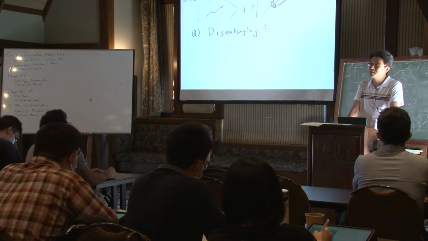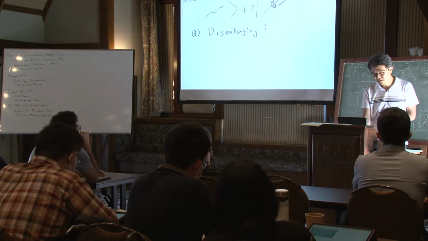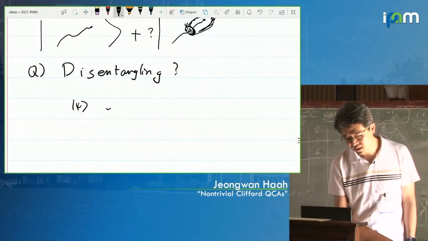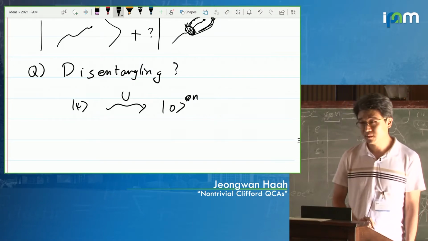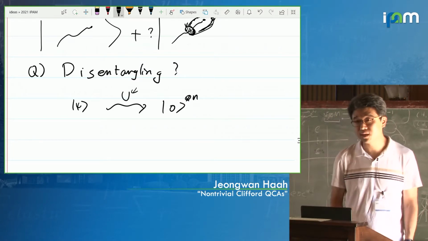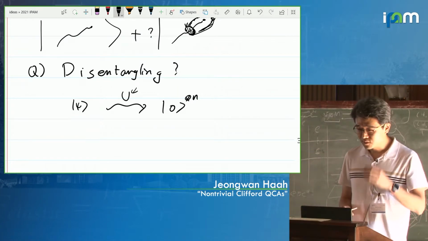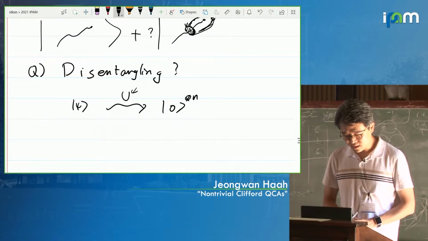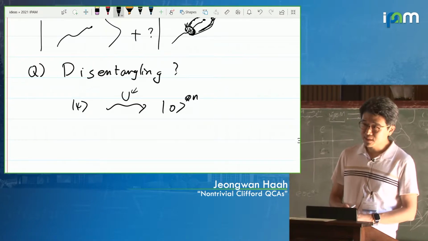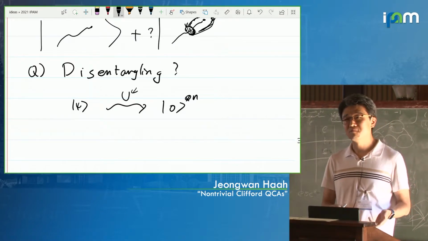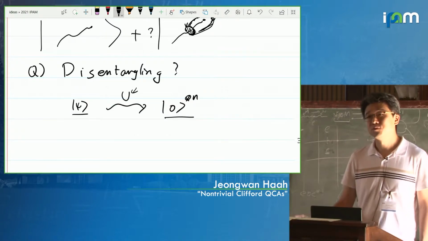Here, interesting or uninteresting means whether you can map the given state to a product state, and the transformation is supposed to be a constant depth quantum circuit. So people have believed that for the ground state of any three-dimensional gapped Hamiltonian with a unique ground state, there must exist a unitary that maps this ground state down to the product state.